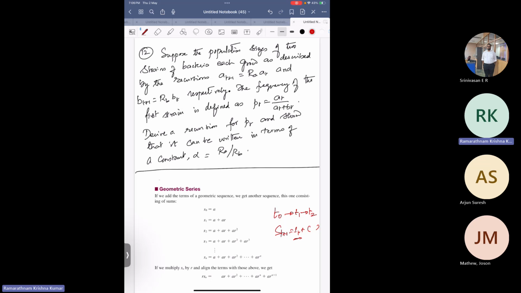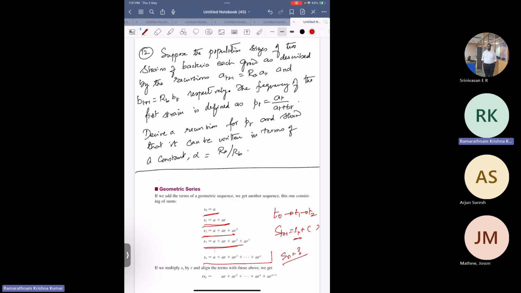Say, for example, I can have S0 is equal to A, S1 is equal to A plus AR, S2 is equal to A plus AR plus AR squared. We will see the example in a minute. S3 is equal to A plus AR plus AR squared plus AR cubed, and so on. So Sn will become like this. Now, the point is, what is Sn?